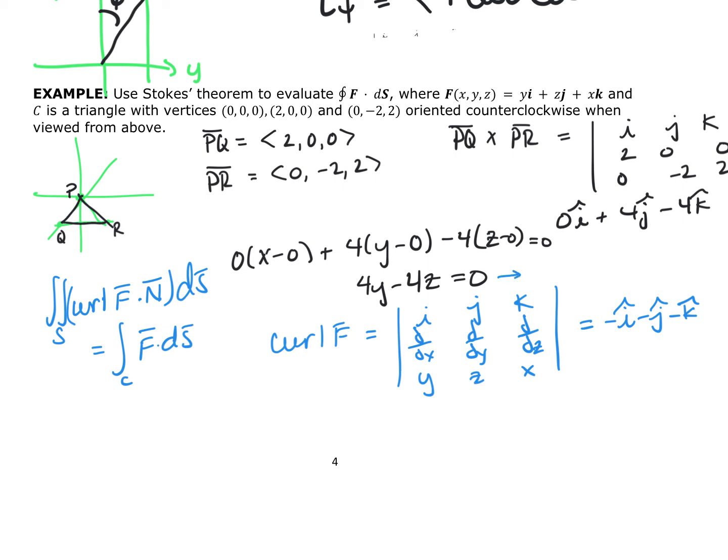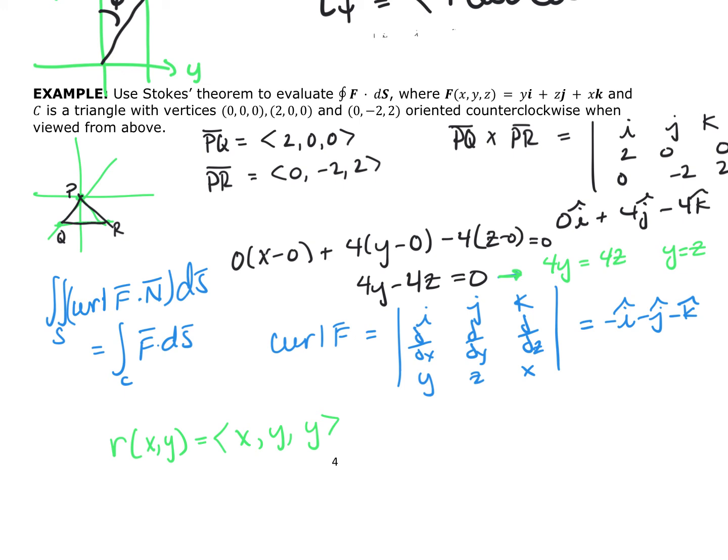Okay. So now we're going to parameterize this surface. So that's my triangle. My triangle is 4y is equal to 4z, which tells me that y is equal to z. So if y is equal to z, then I'm going to parameterize this as r of x and y. So I have the vector (x, y, y).